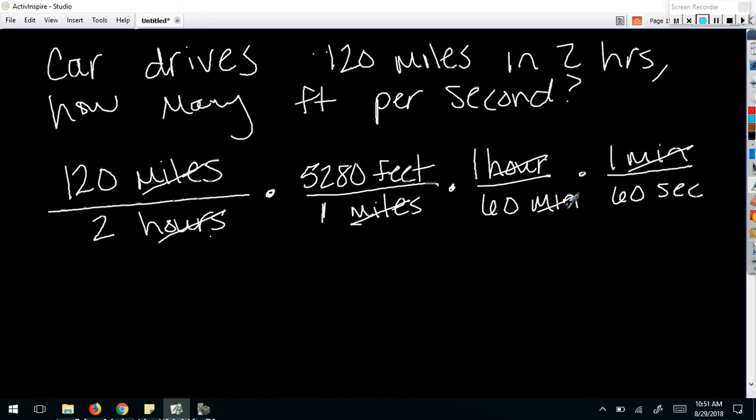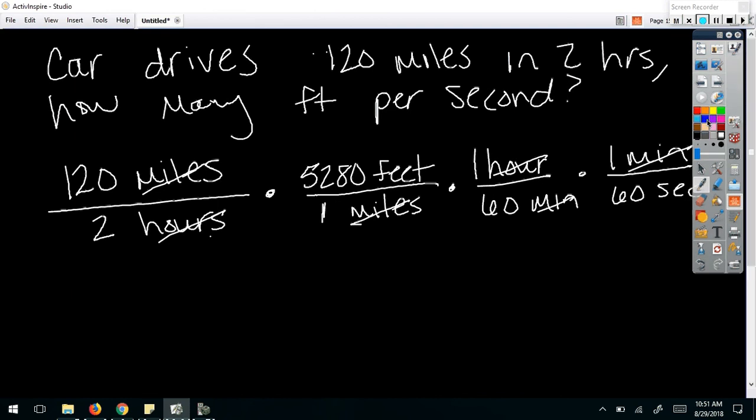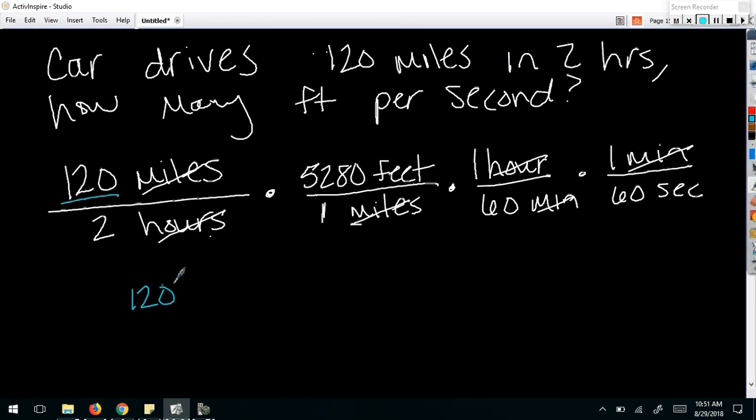Okay, look across the top. What units are left? Across the top, feet. And across the bottom? Seconds. So now, all I have to do is multiply. Watch what happens. 120. Remember, top times top, bottom times bottom, right?